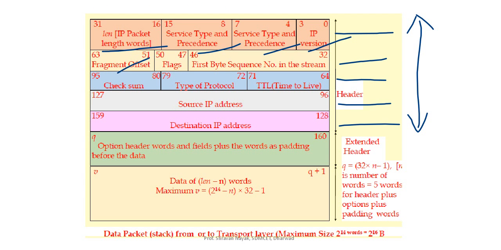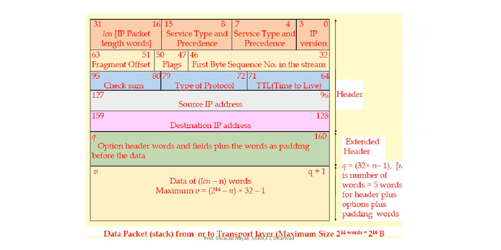All these parameters are not required for us for the time being in order to understand the protocols, but wherever we find their application, wherever we find their use, we will see. But what is important for us in this case is the source IP address and the destination IP address, right? So sometimes you have the extended header also, depending upon the need. Where exactly we need that we will see.